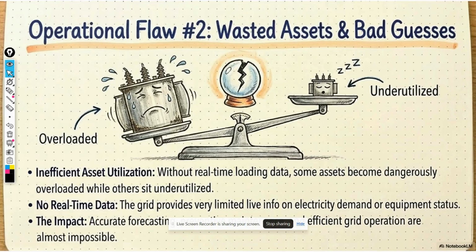Without real-time data, utilities cannot accurately forecast demand, detect abnormalities, predict failures, or optimize system operation. It is almost like trying to drive a car while looking only in the rear view mirror. By the time information reaches the utility, the actual system condition may already have changed.